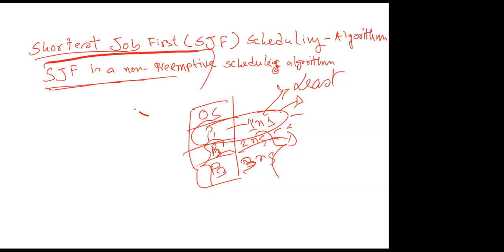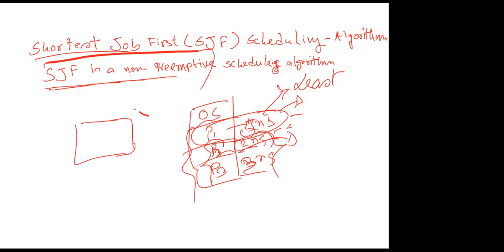As you know, non-preemptive means that, for example, let's say process P1 needs 5 nanoseconds, P2 needs 2 nanoseconds, and P3 needs more. Now from these 3 processes, which one will be scheduled by your operating system?